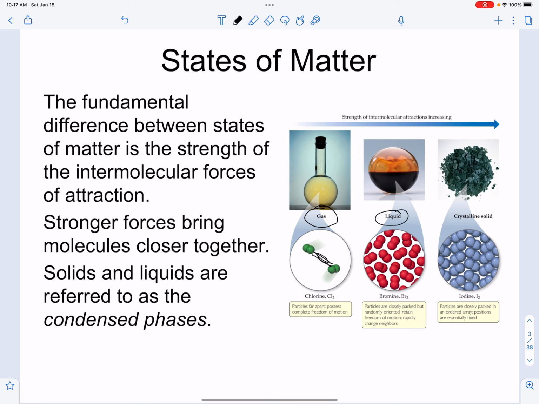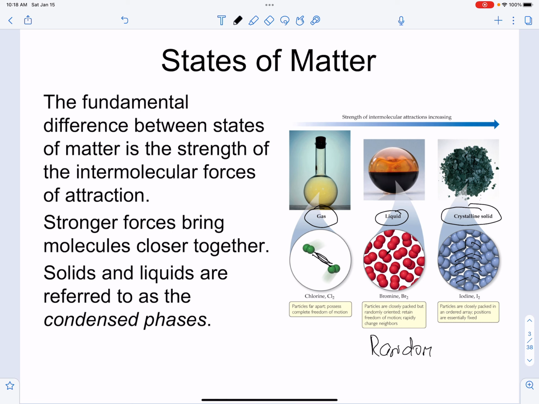In liquids, they're closer together now, but their arrangement is random. While when we get to the crystalline structure or the solid, they're very close, basically barely any gaps in between, and they seem to follow a pattern. So that's the first thing we have to visualize.